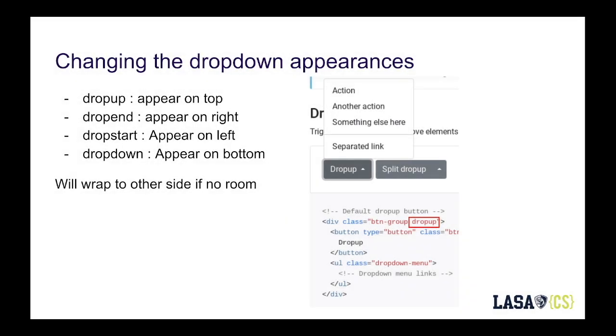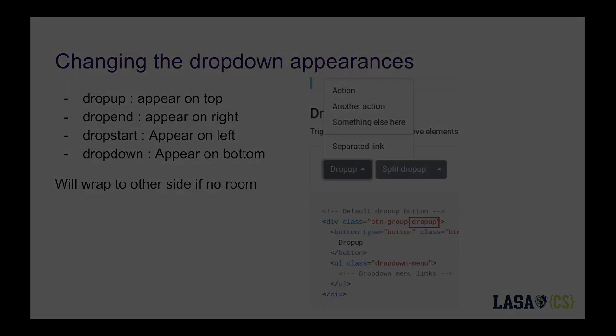Okay, and another cool thing is you can change the div class that contains the button and the list. You can give it the class dropup, dropend, dropstart, or dropdown, and each will cause the menu to appear in a different orientation, based on the class.